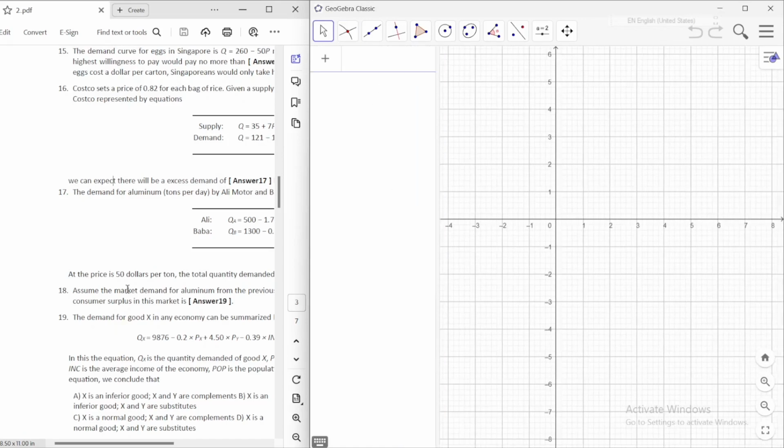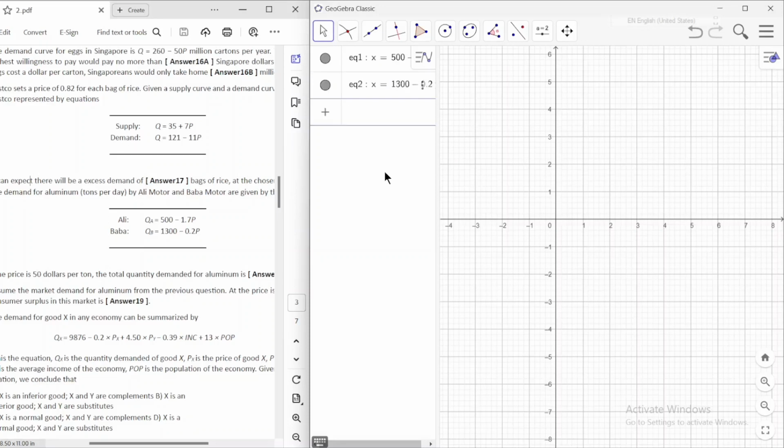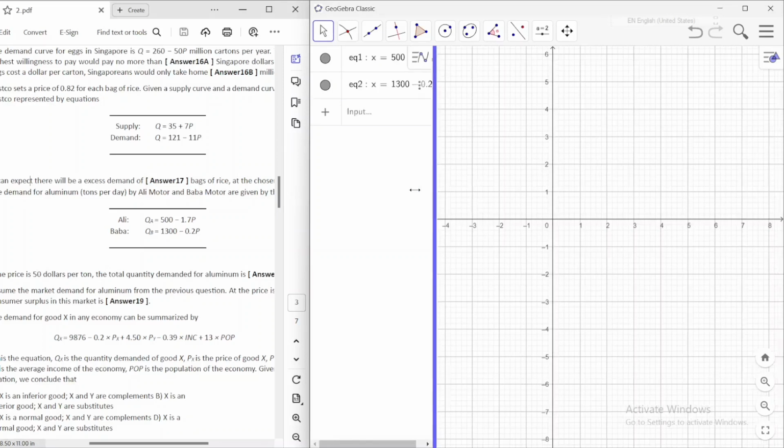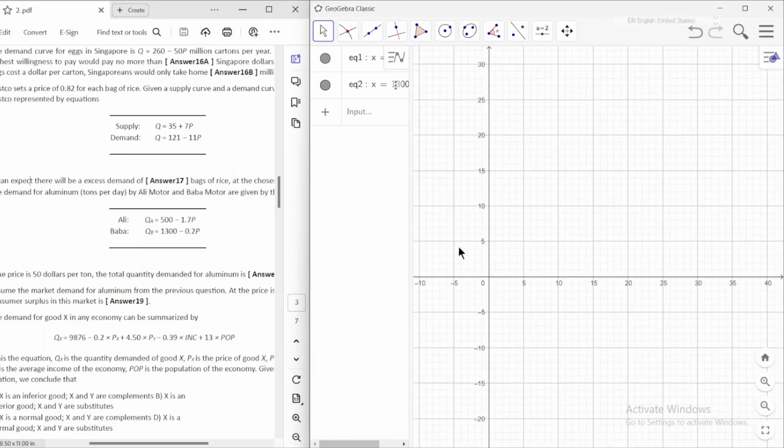Okay, so the curve is x equals to 500 minus 1.7y, and then x equals to 1300 minus 0.2y, and price is, okay, so let's first see how can we draw the market demand curve.